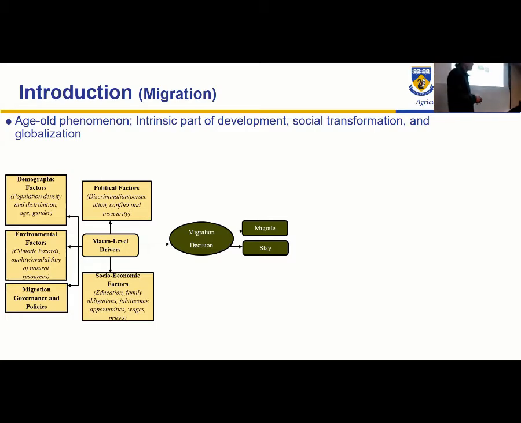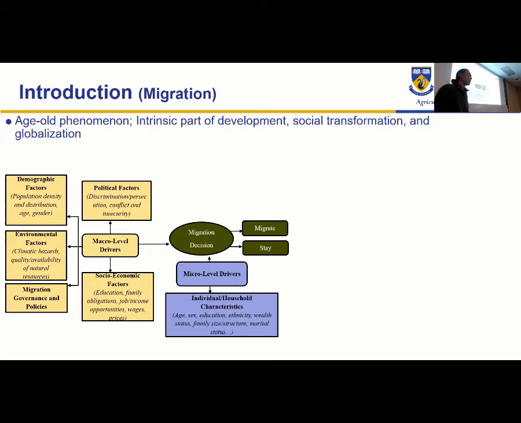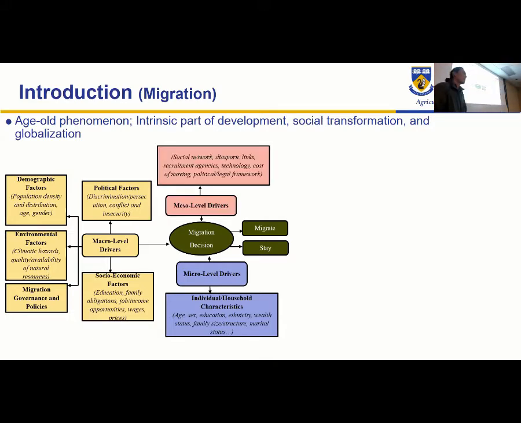In macro level drivers, there are political factors, demographic factors, socioeconomic factors, environmental factors, migration governance and policies that are beyond the control of individuals and households. Likewise, there are micro level drivers, and that includes individuals and households. And the next one is meso level drivers, which are in between macro and micro level drivers, and that include factors like social networks or diasporic links, recruitment agencies, and geography.